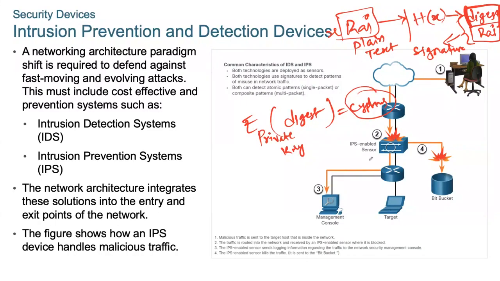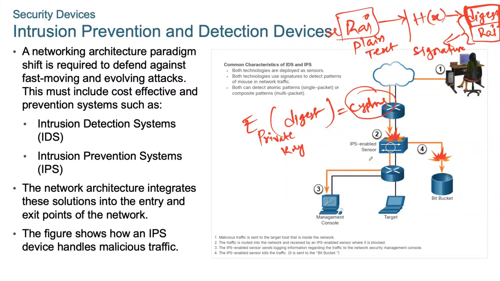That plain text is applied to the hash function, the secure hash algorithm, SHA-256, depending on which signature type you are using, whether SHA-256, SHA-512, the MD5 algorithm, or any other secure hash algorithm.